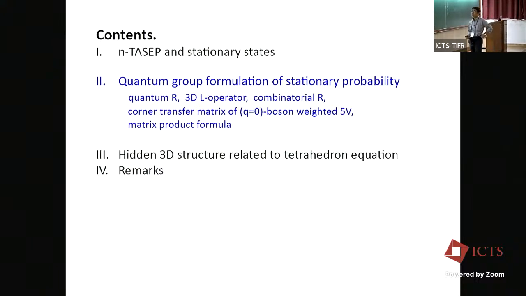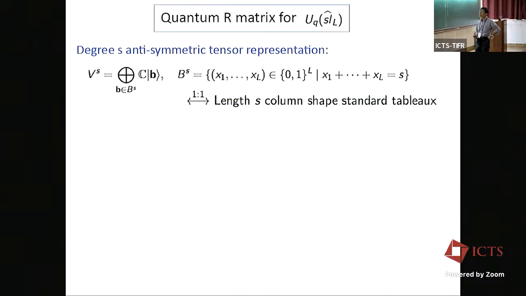I will explain what the quantum R is first. So what is the quantum R matrix for this algebra? Well, there are actually infinitely many, but I focus on a specific R matrix relevant to our problem. I consider the degree s antisymmetric tensor representation, B_s, whose bases are labeled by this set B_s, the crystal B_s that I already introduced.